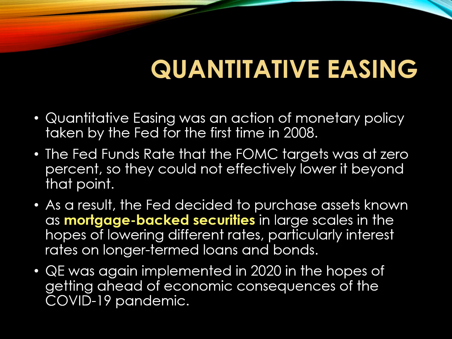And then QE was implemented again in 2020. It was actually a pretty quick drop. Interest rates were dropped from around 2% to 0 in a matter of about 40 days, when the Federal Reserve realized, oh, COVID-19 is going to have a significant impact on the macroeconomy, so let's do our best to get ahead of it.